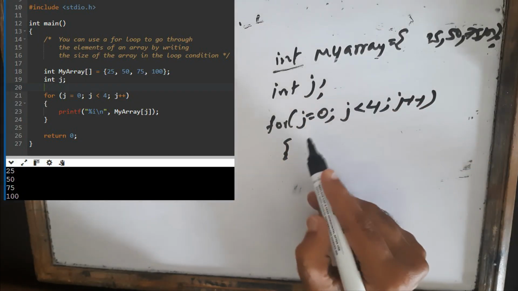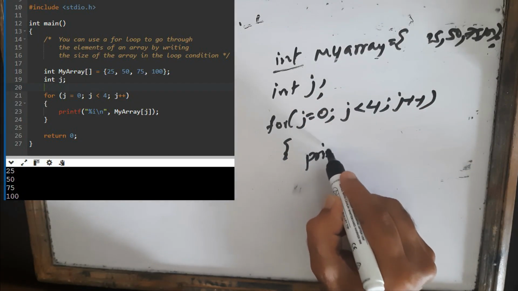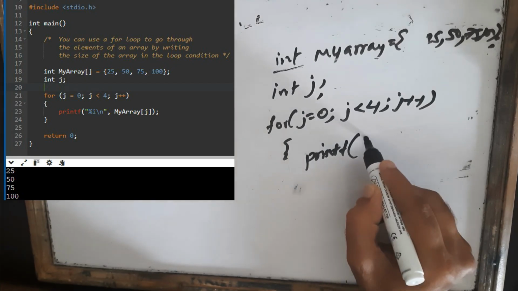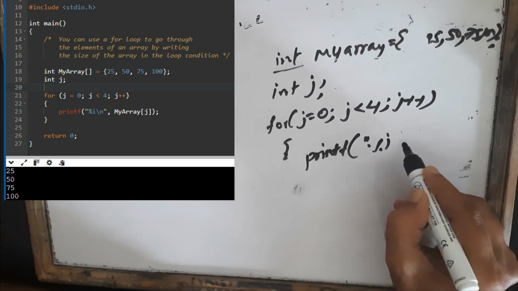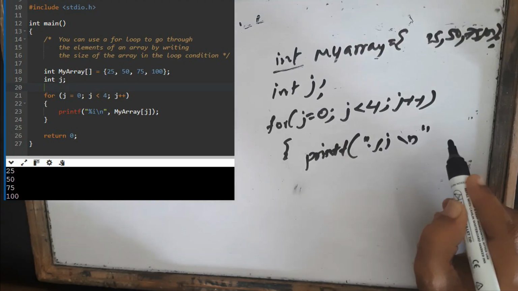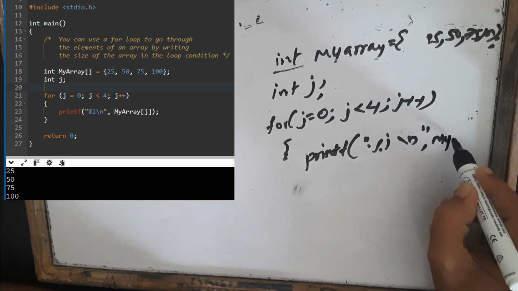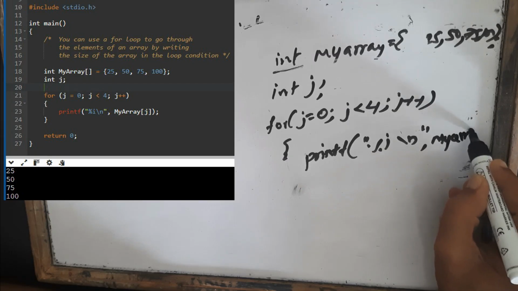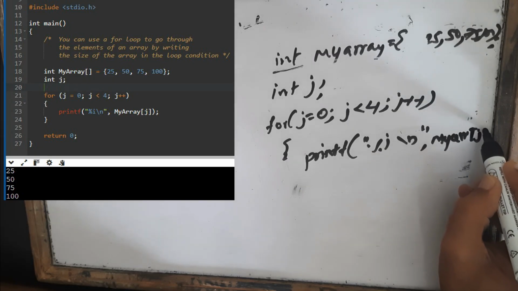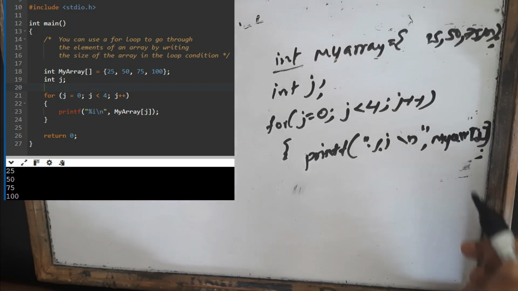Here we can have printf with my_array[j] in close bracket.